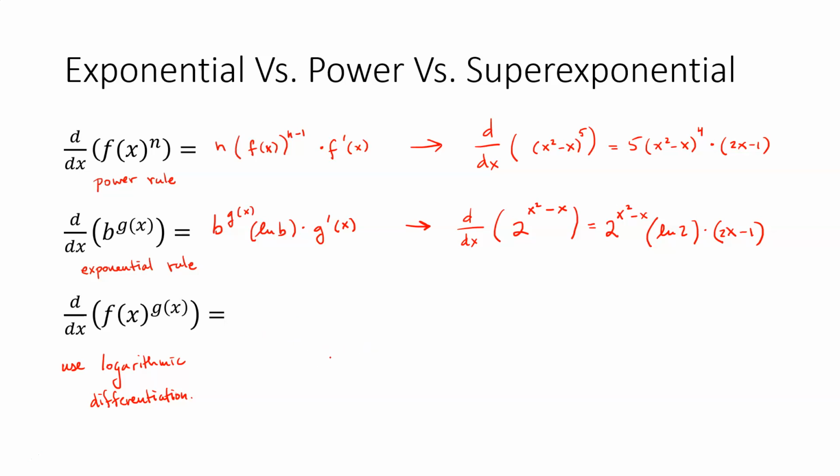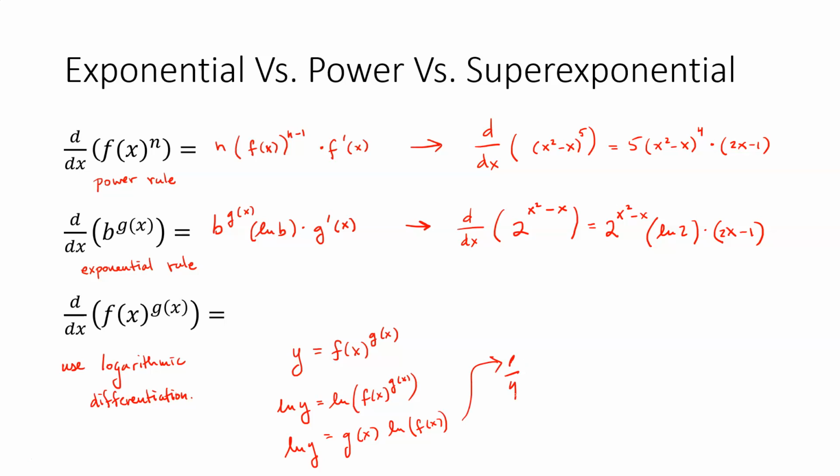Where we know that, for instance, if I take ln of both sides, I can then use the properties of logs that lets me bring that power out. And now I can solve for y prime implicitly.